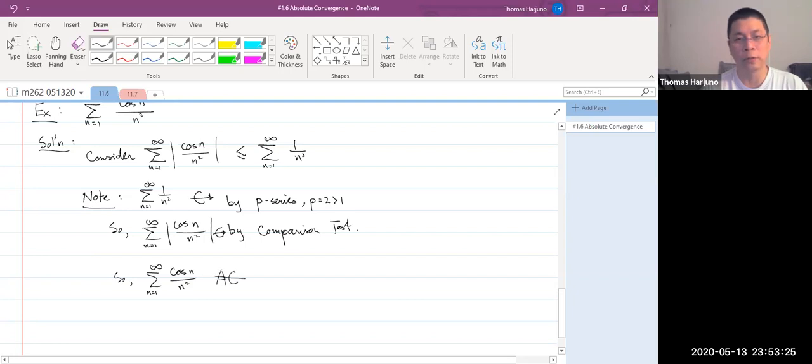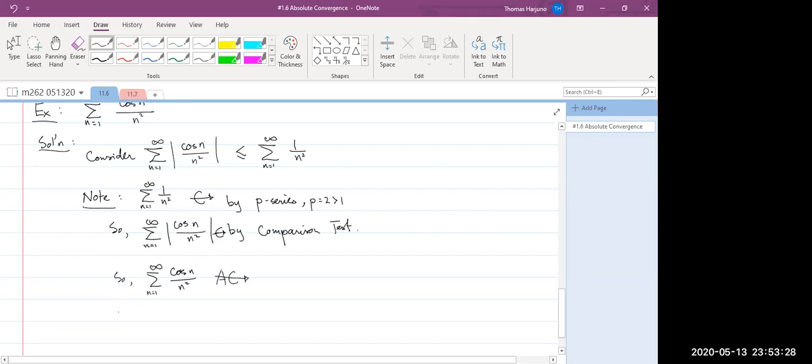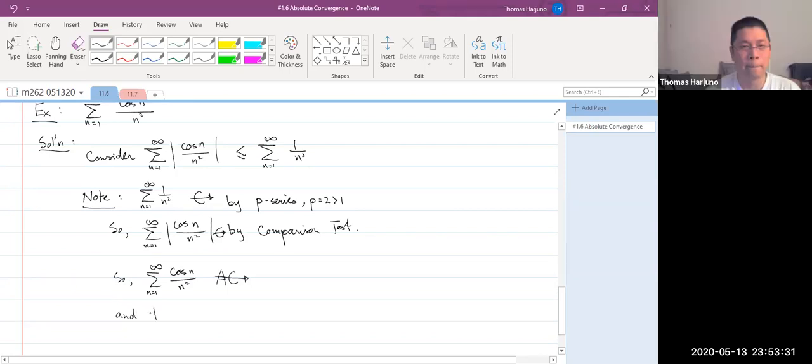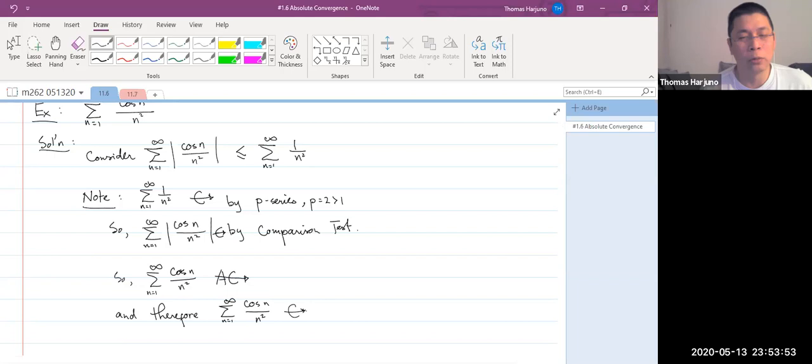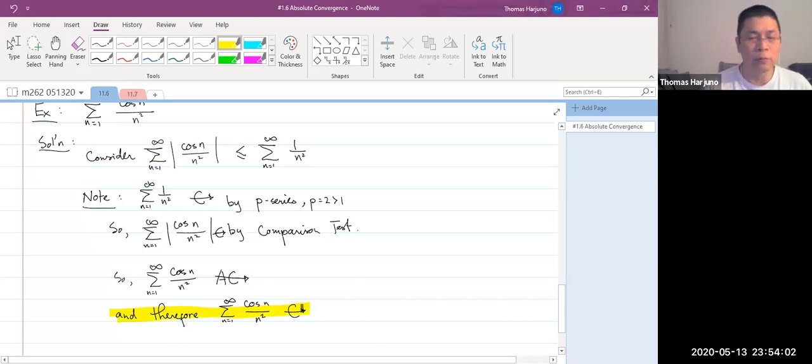It is absolutely convergent first, and therefore that series is convergent. It is standard that once I can show that it is absolutely convergent, it is also convergent. So the last sentence is not really necessary, but I want to make it clear that if you want to find out if a series is convergent, one way to attack that is by seeing the absolute convergence.